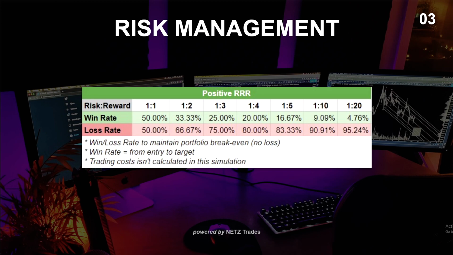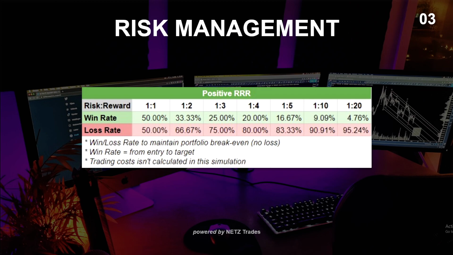Every time you win, you make $100, but every time you lose, you lose $100. So for this strategy, you would need a 50% win rate to break even, and anything above 50% would be profitable.